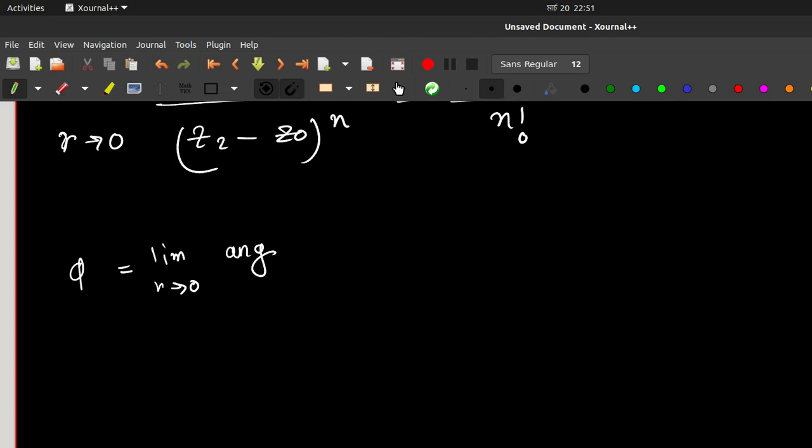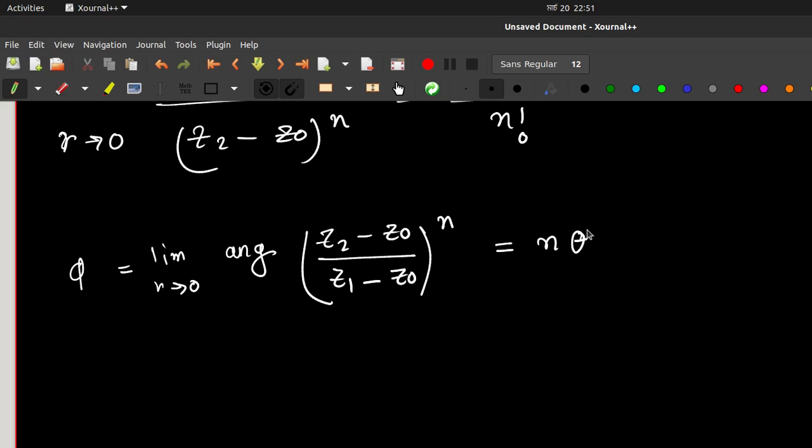That means the argument of z2 minus z0 divided by z1 minus z0 to the power n. But what was this thing? This thing was nothing but theta itself. That means the argument itself was theta, alright, and all the arguments of this guy were written in terms of the exponentials. So this would simply give us phi equals n times theta, alright.